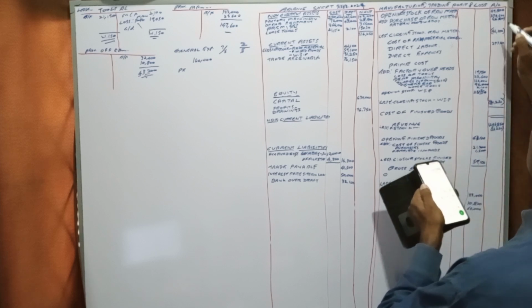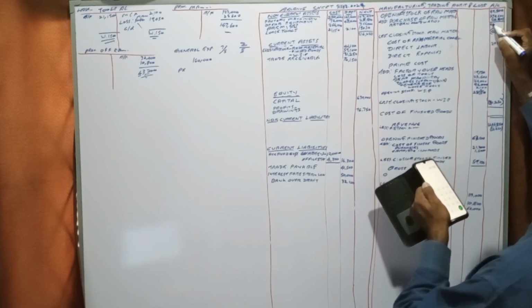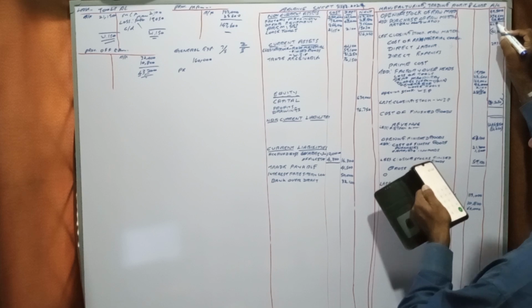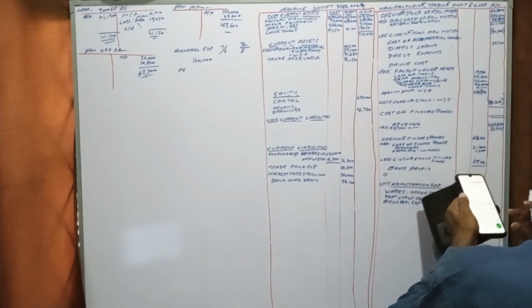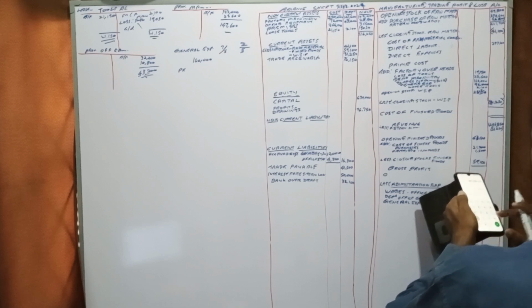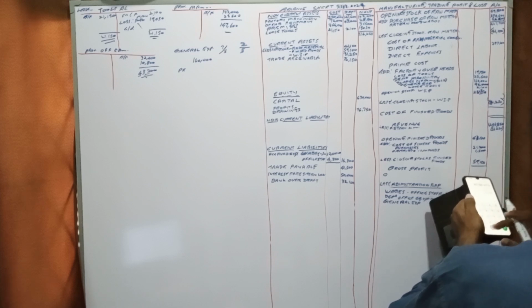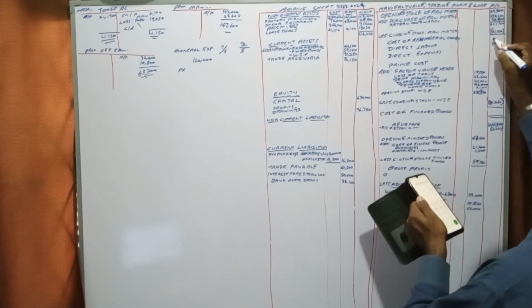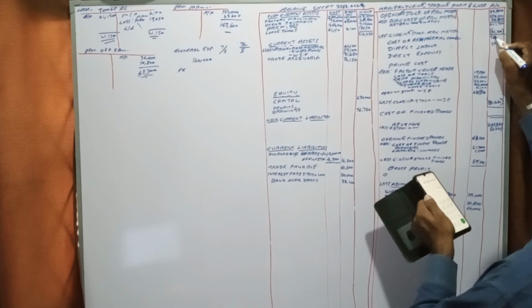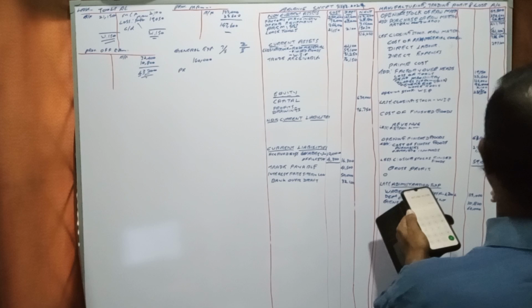Then it will come around 427,700 minus closing stocks of raw material 41,100, then 386,600 is the material consumed.